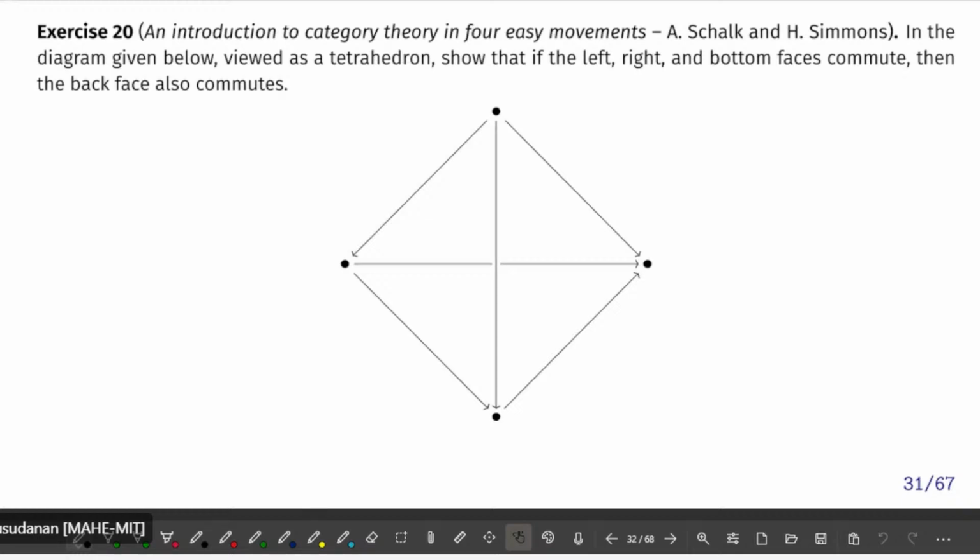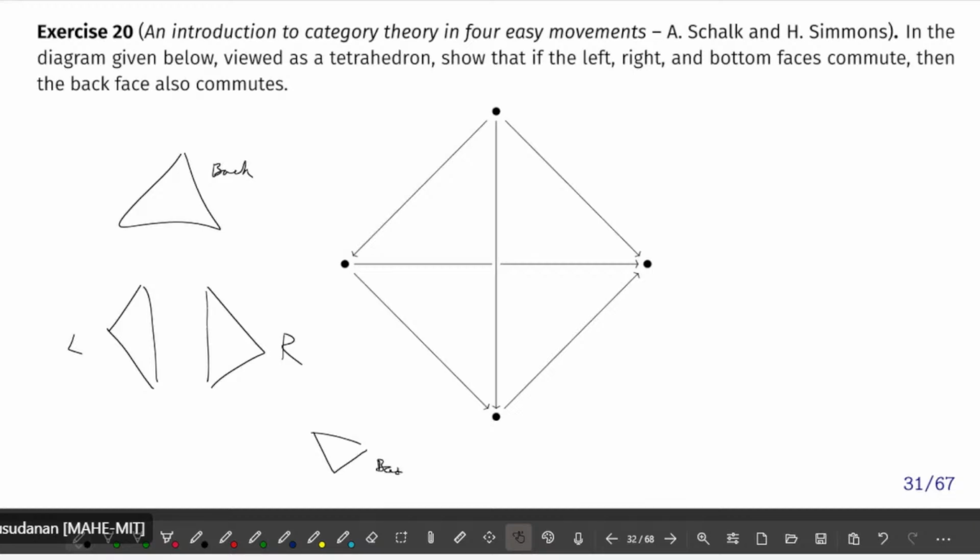This triangle without directions I'm drawing is at the back. So this is left, right. This is the back, and this other triangle is the base. I hope you're able to see it.